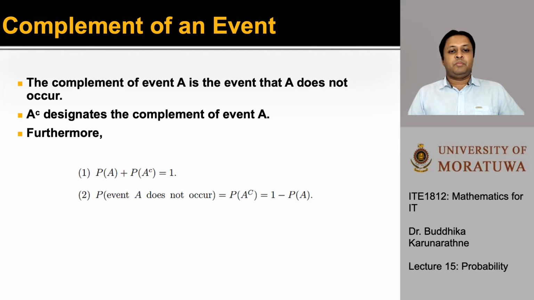Number two: the probability that event A does not occur, the probability of the complement of A, is equal to 1 minus probability of A. It derives from the first relationship. So this is the concept of the complement of an event and the related probabilistic relationships.